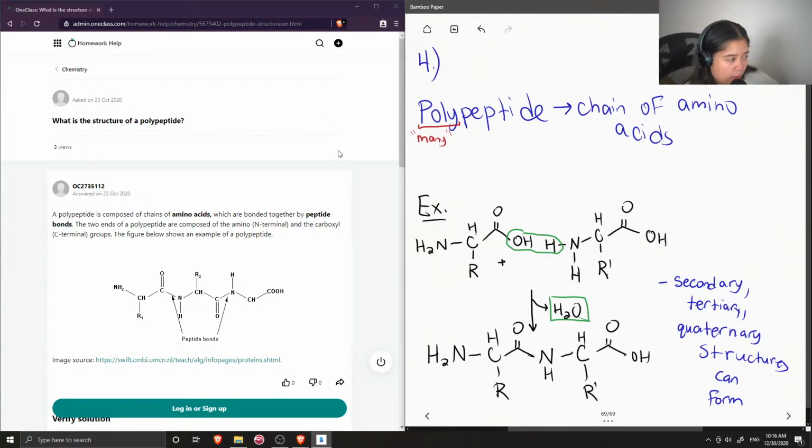Okay, so the junior tutor said that a polypeptide is composed of chains of amino acids which are bonded together by peptide bonds. Okay, so they showed where the peptide bonds are located. I'll label it on mine as well. So this is an example of the peptide bond.